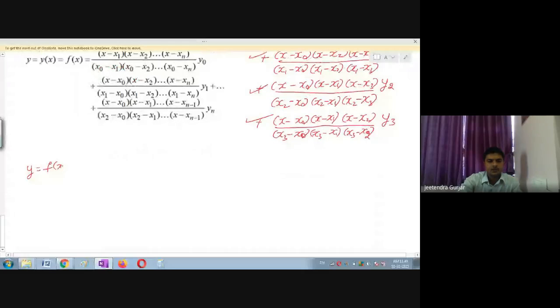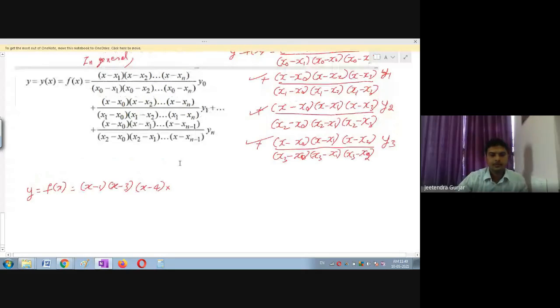We will be taking, substituting the values, x minus 1, x minus 3, and x minus 4 into y0. Y0 is minus 12.